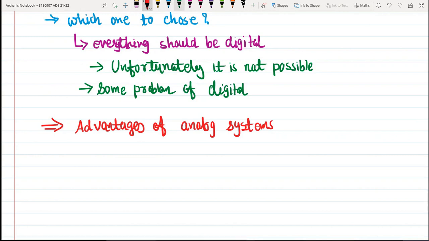The first and foremost advantage of an analog system is that this is the physical signal which is available. Naturally coming signal. So we do not need to convert this signal to any other form. So this is the advantage.